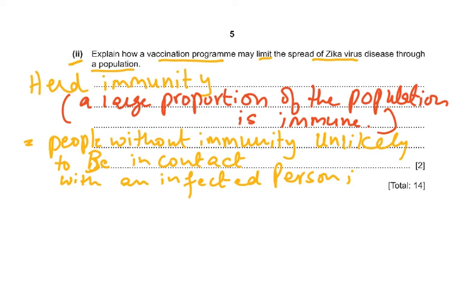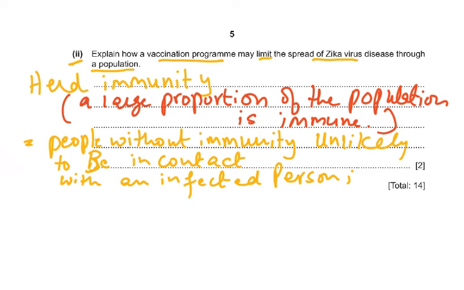So the word herd immunity, if you knew that, well, that's a very interesting word, and I'm sure you must have read about it, and if you had focused, you probably understand it as well. But what does it mean? It means a large proportion. If you've vaccinated 90% of the population, then 85% of the people are immune.